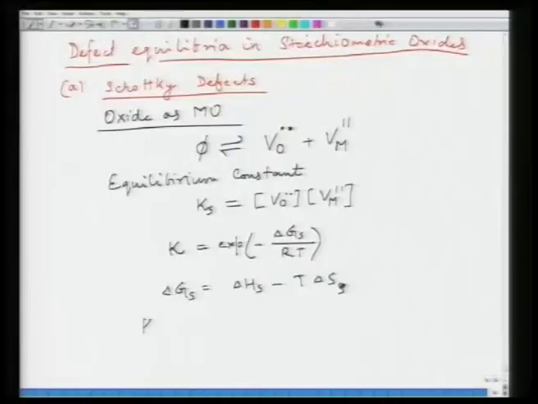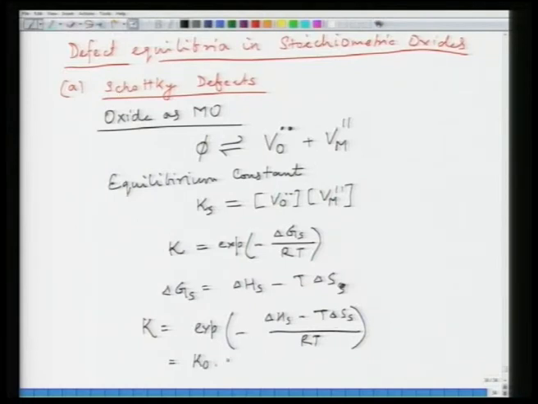This can be further written as K equal to exponential of minus (delta Hs minus T delta Ss) divided by RT, so the entropy term will separate out, and we write it as K naught exponential of minus delta Hs by RT. So, this particular thing is K naught.